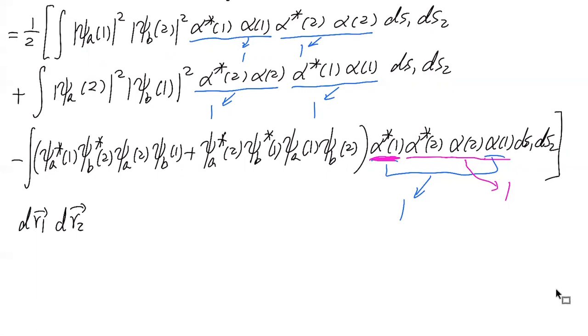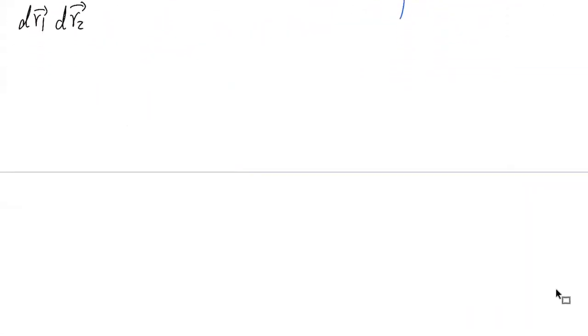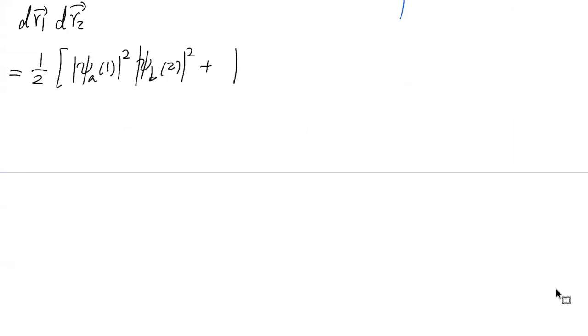So that means you have 1 over 2 psi A 1 squared psi B 2 squared plus psi A 2 squared psi B 1 squared, right? Minus a term, right? Minus the crossing term.